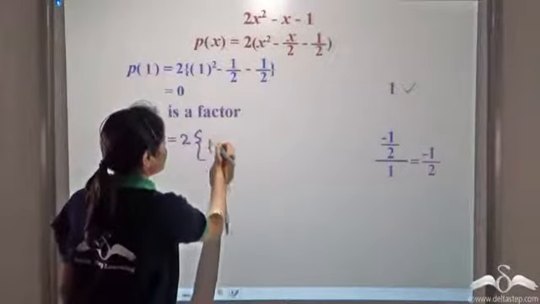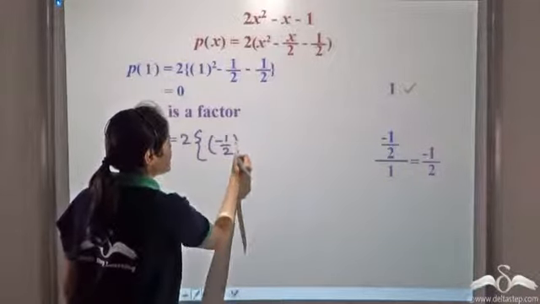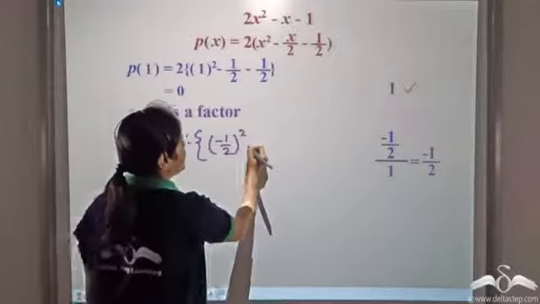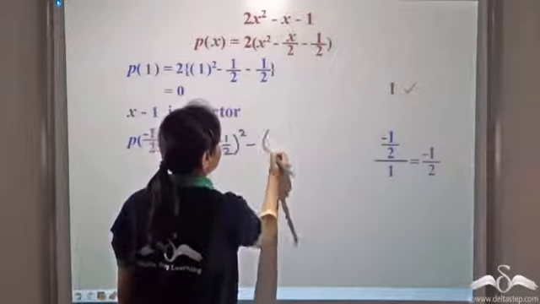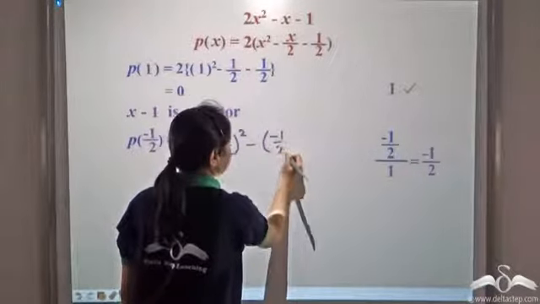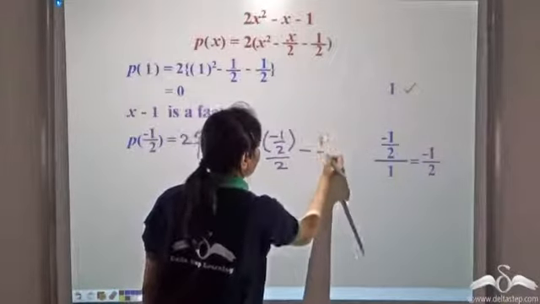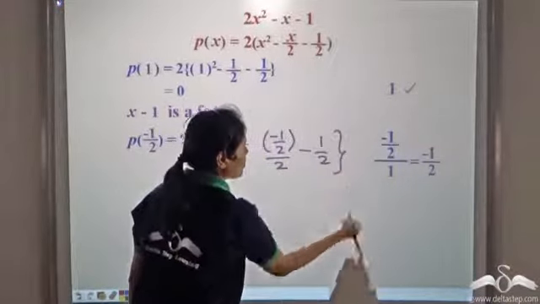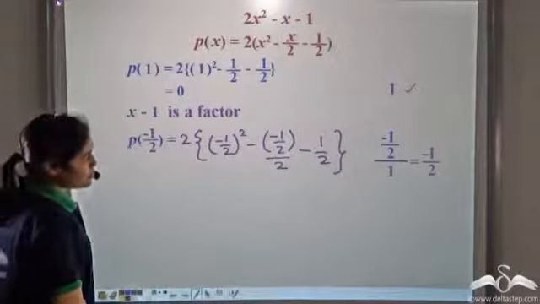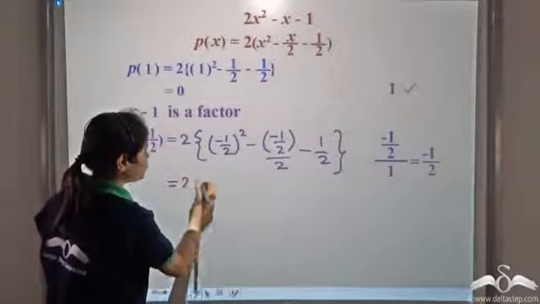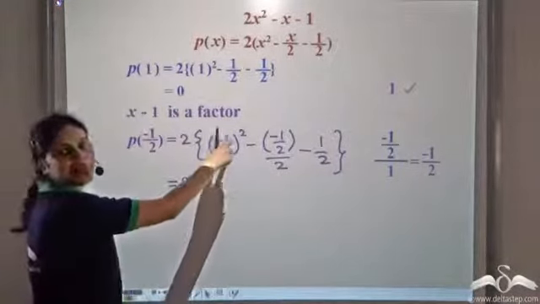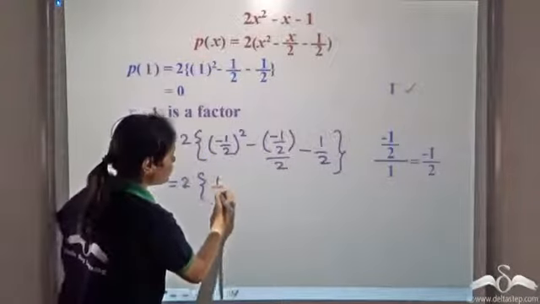So we have 2 into ((negative half) square minus (negative half) by 2 minus half). Negative half square is 1 by 4.